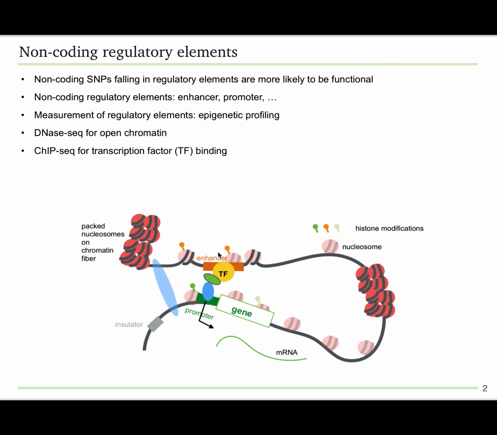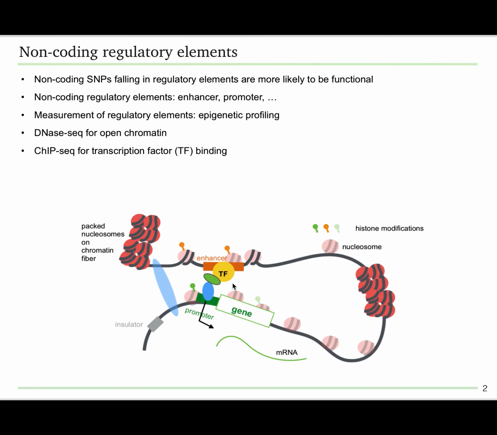The enhancer can be bound by transcription factors which can regulate the mRNA transcription level of the gene, sometimes from a distal region. So knowing where the non-coding elements are and whether they harbor SNPs will elucidate the functional SNPs. With this aim, RegulomeDB uses probable regulatory elements to annotate SNPs.